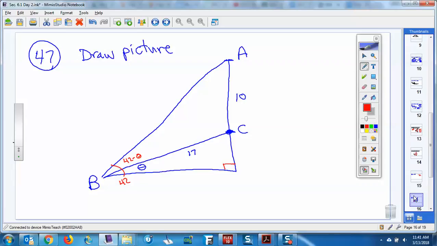Usually there's like one measurement you somehow have to get with the given information before you're ready to do the law of sines or start doing calculations.